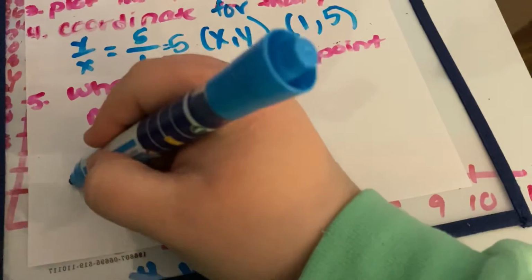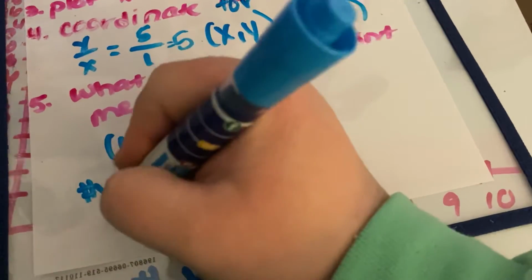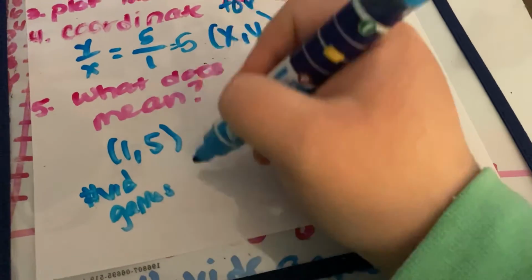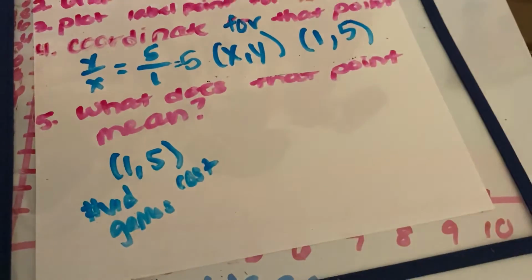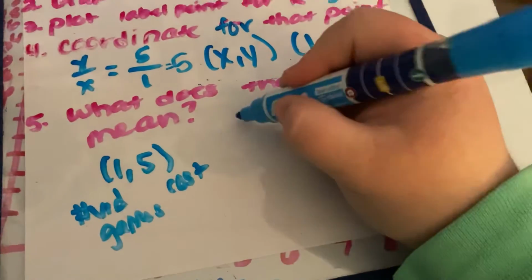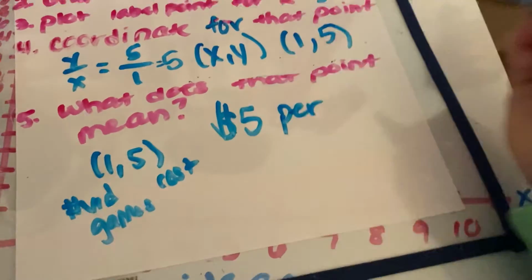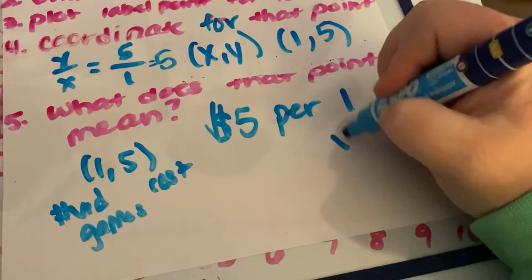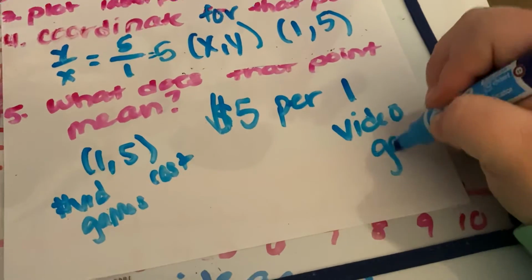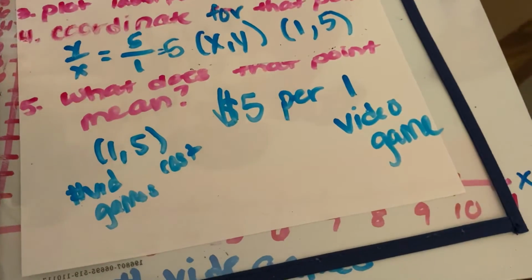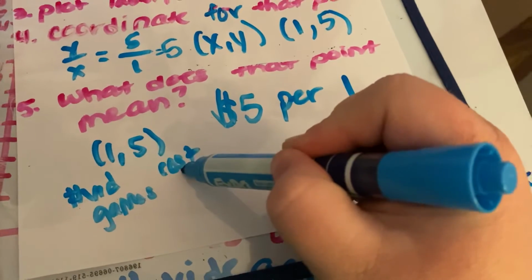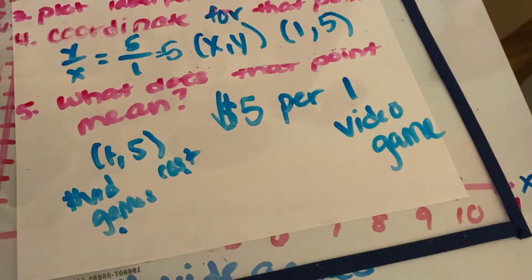So our x means the number of video games and our y means the cost. So what this is saying is it costs $5 per, which means for, 1 video game. $5 for 1 video game.